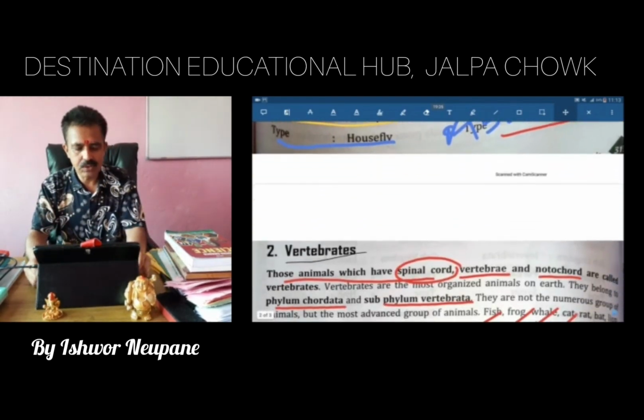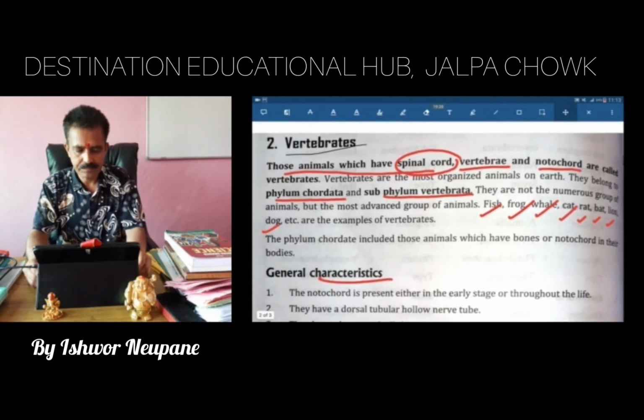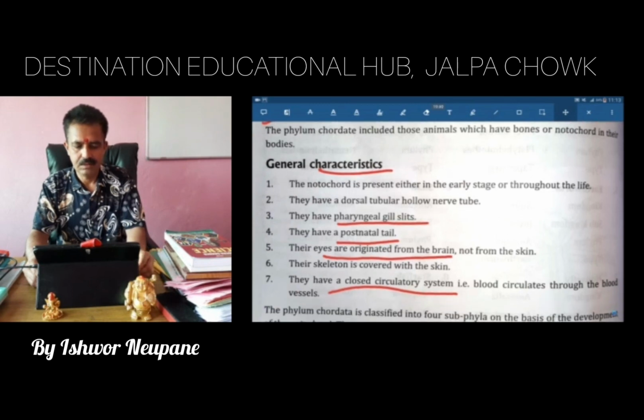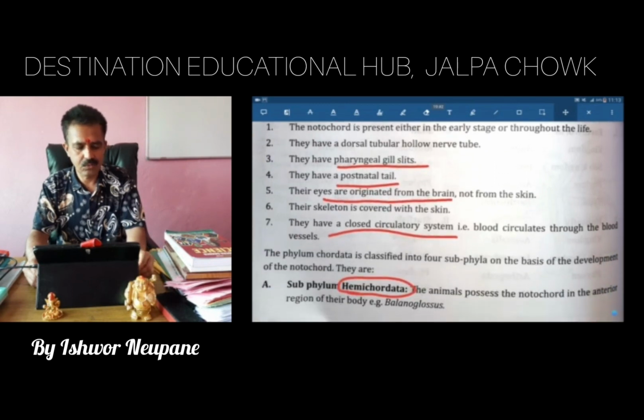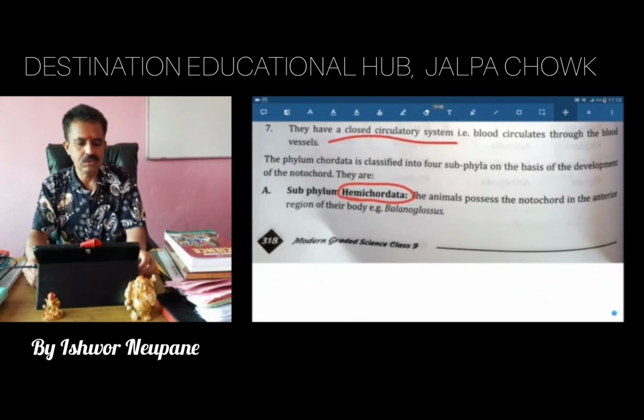Question number 2 is define vertebrates. Write any 3 characteristics of chordata. Next, write the subphyla of chordata.